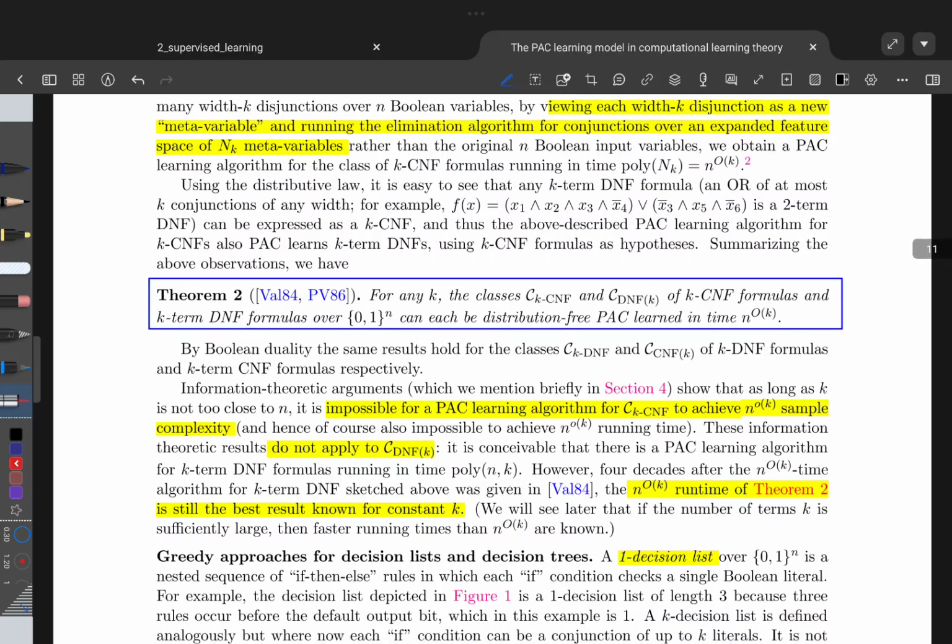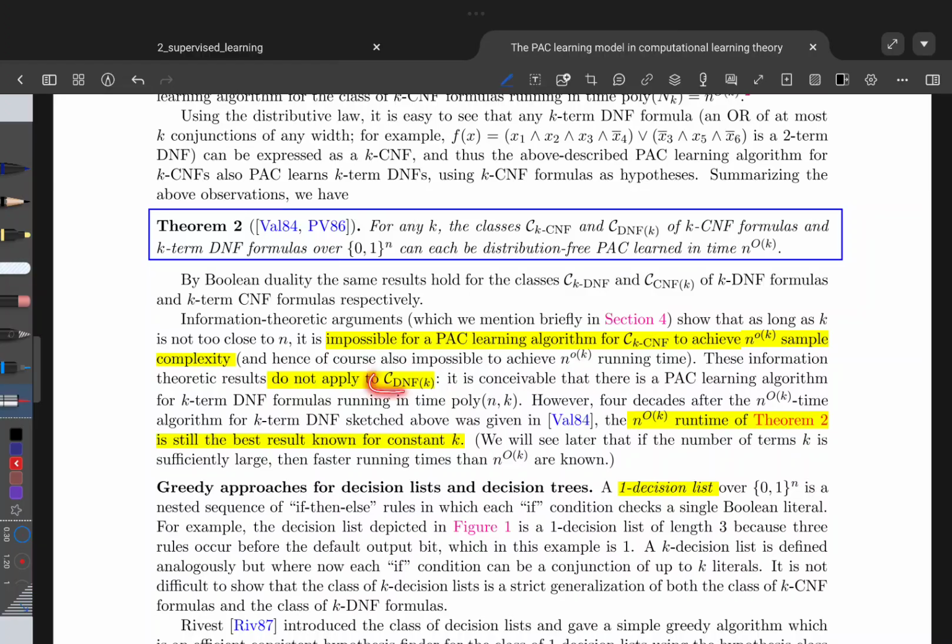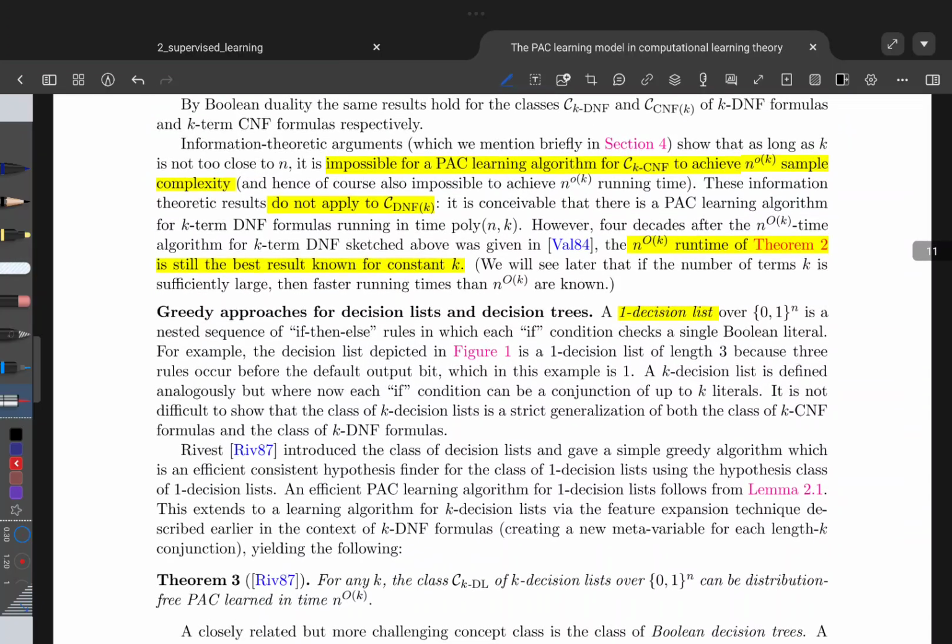All right. So for example, you can't achieve n to the log k time complexity. However, this doesn't work for KDNF formulas because that turns out to be more complicated. All right. So that's one particular approach.